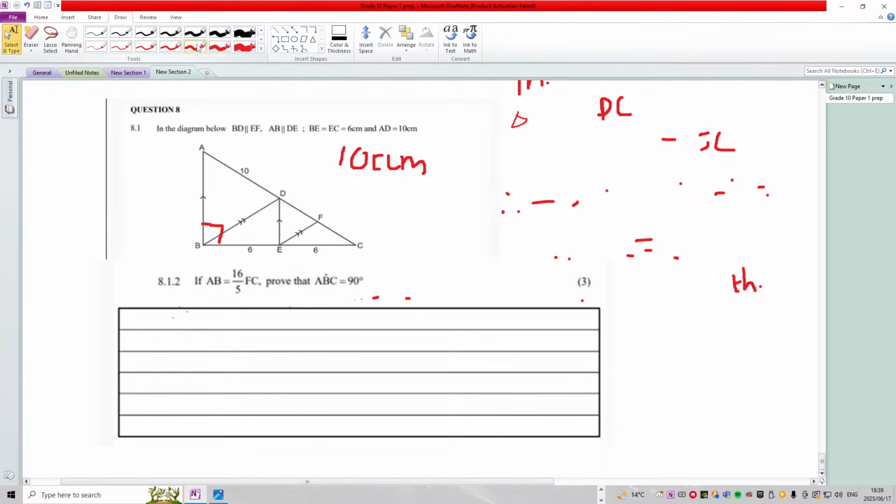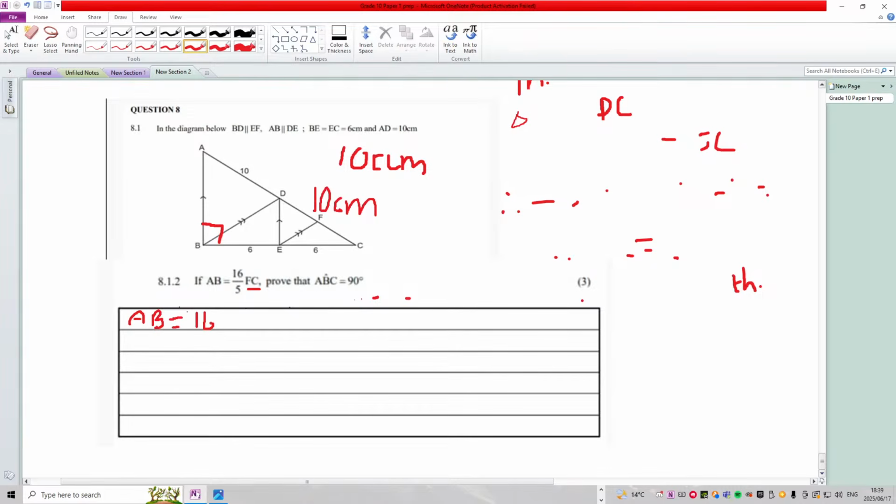Firstly, we've established something very important, that this DC over here is 10 centimeter. The next thing we established is that FC is 5 centimeter. So we don't have AB, but we've been told that AB is 16 over 5 times FC. So what we're first going to do is to find AB.